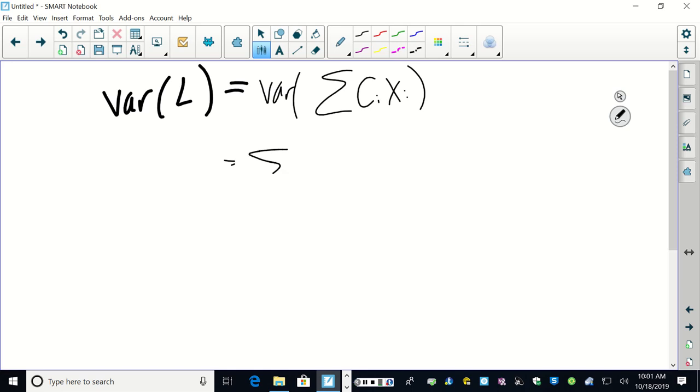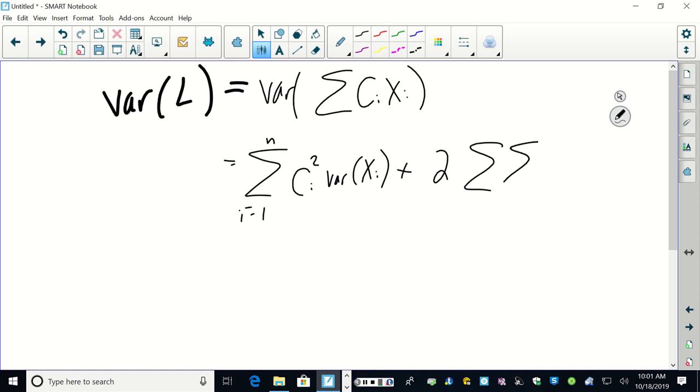So this can be written as the sum of ci squared times the variance of that variable, plus 2 times the sum of the covariances of xi and xk, if you take 2 different variables. So this is kind of a sum of variances with these multipliers there.